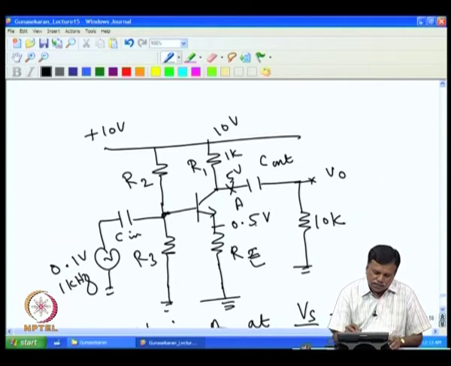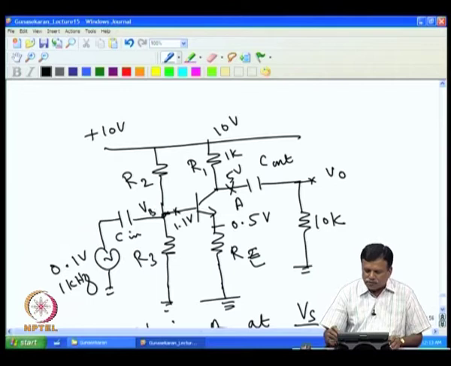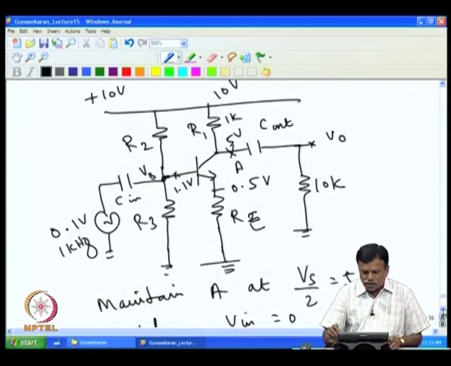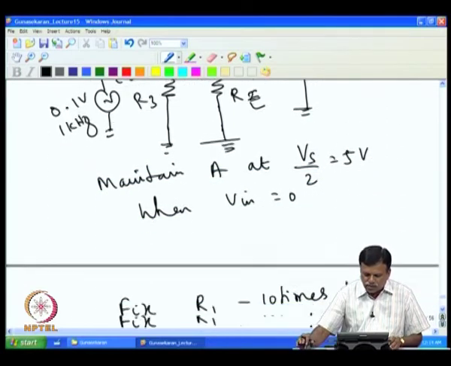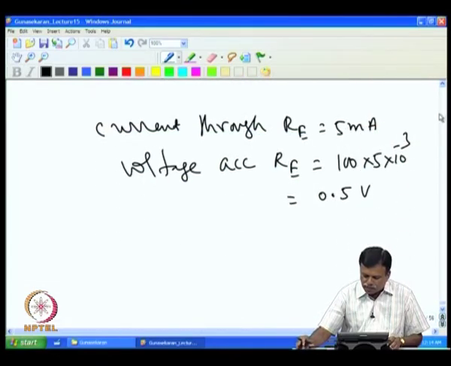Then this is supposed to be sitting at 0.6 above it. We call this VB, the voltage at the base, which is 1.1 volt.